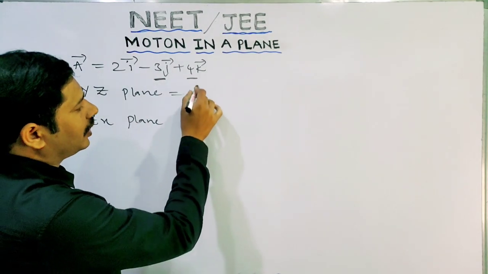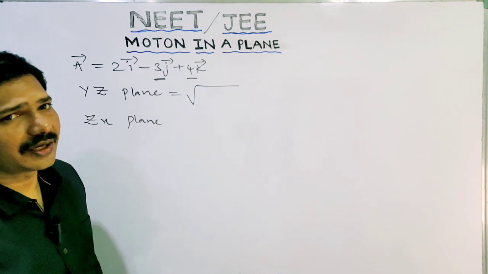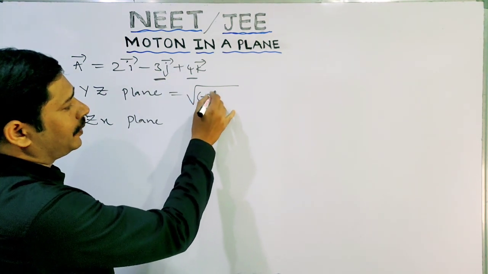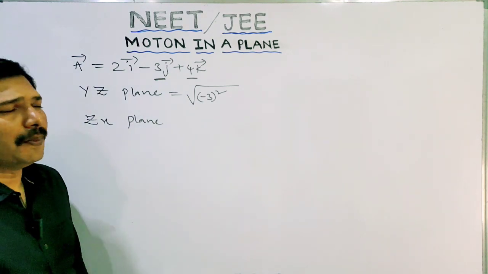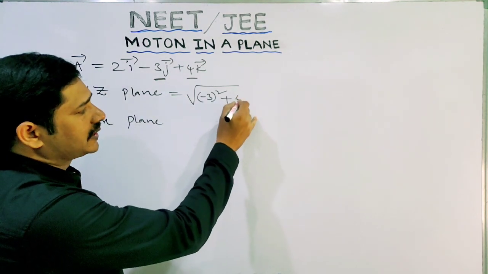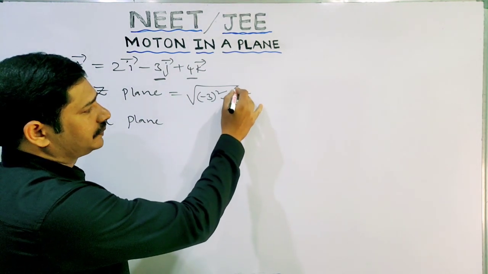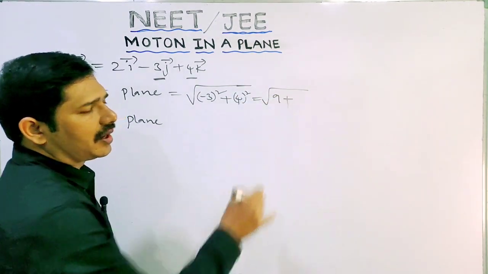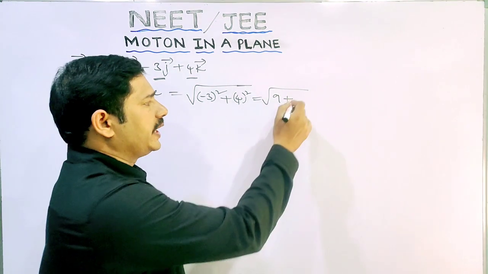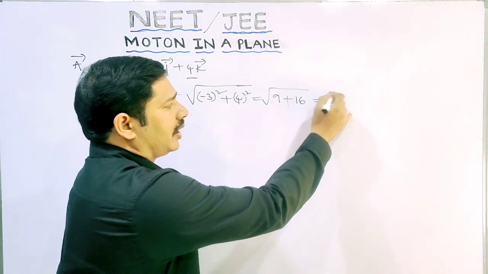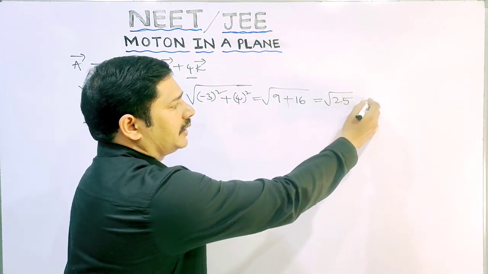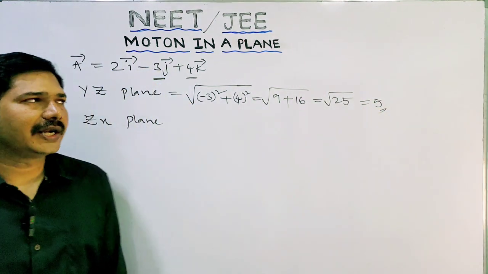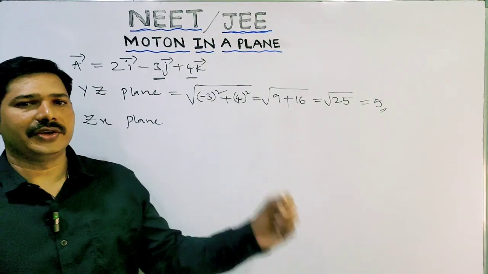So therefore, the magnitude of the components is found under root. So the Y component is minus 3. Minus 3 whole square plus 4 square, 3 square is 9 and 4 square is 16, under root 25, that equals 5. So here the YZ component we got is 5 units.